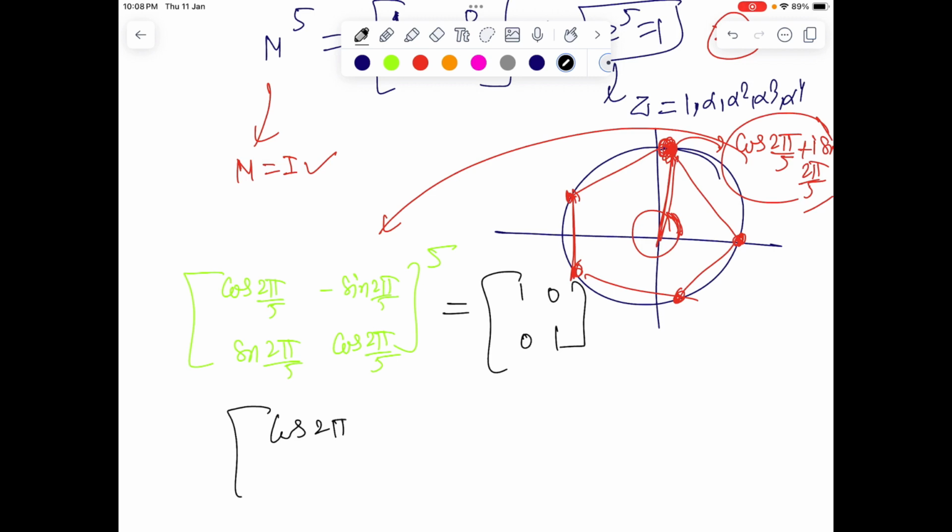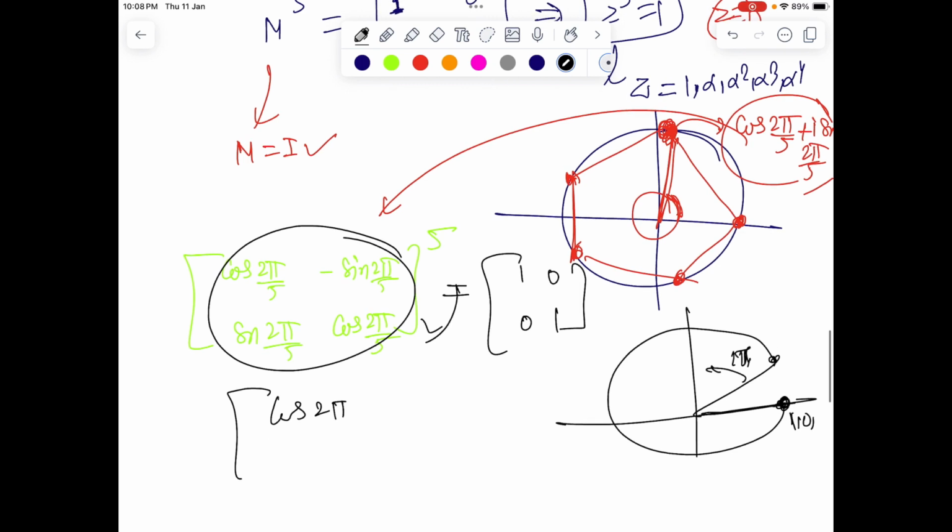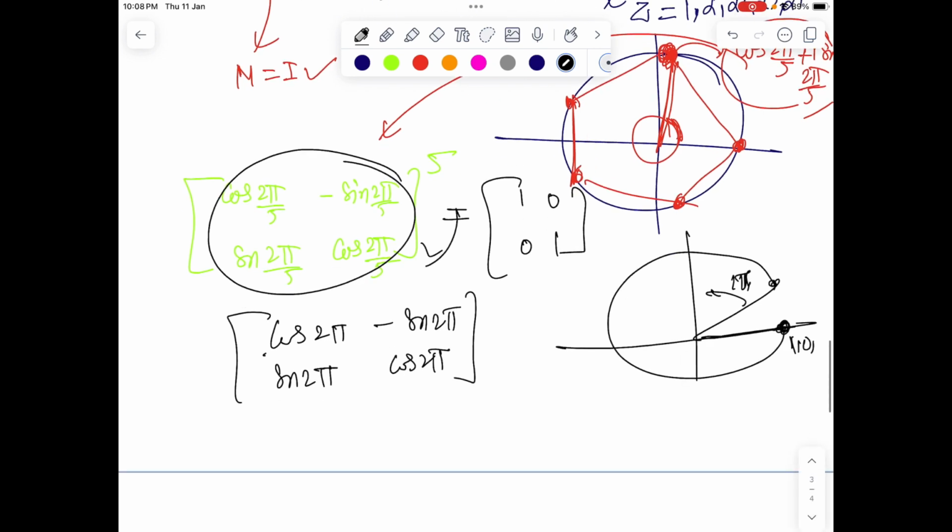In fact, the 5th power will directly give you cos 2 pi, and that you can do by simply multiplying or using the rotation theorem, because this matrix is fundamentally rotating any vector by an angle of 2 pi by 5. So if you rotate 5 times, you will be back home, to the place 1, 0, right? That is a geometrical explanation. Or using De Moivre's theorem, once you multiply it 5 times, you'll just get this. That evaluates to 1, 0, 0, 1.